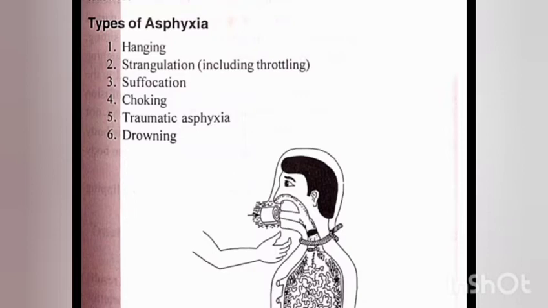Then choking, where something is put in the mouth, and suffocation. Strangulation includes throttling, where a person compresses the neck. Then traumatic asphyxia, and drowning, which occurs in the sea, a beach or any water.